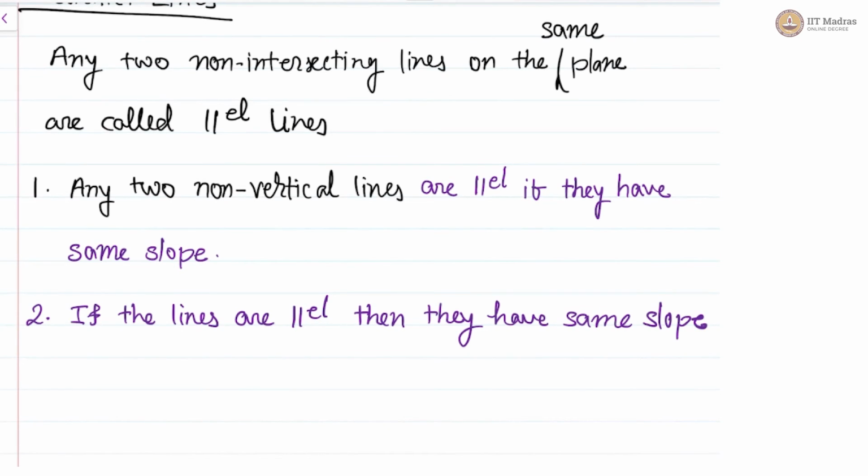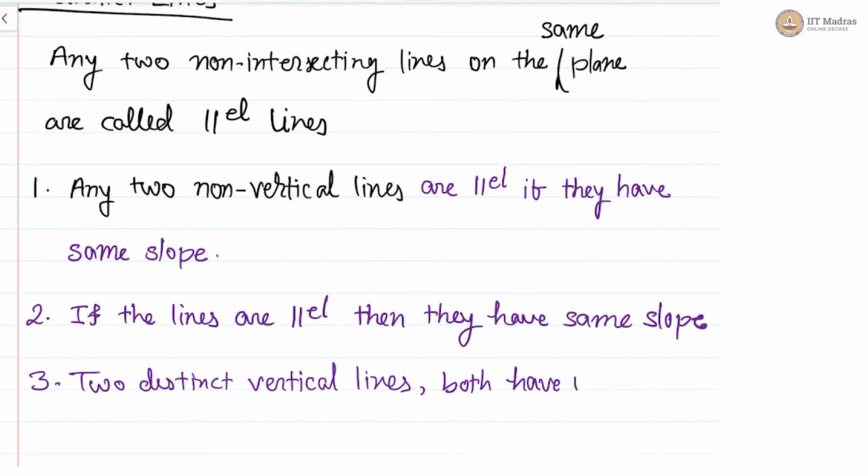So here, we were considering non-vertical lines. If you consider two distinct vertical lines, in this case the notion of slope is not defined, and therefore both have undefined slopes.